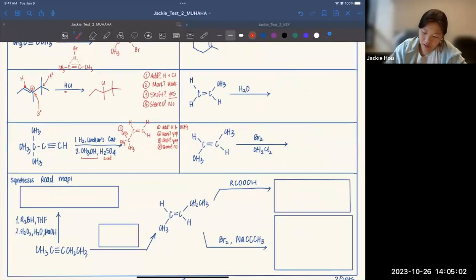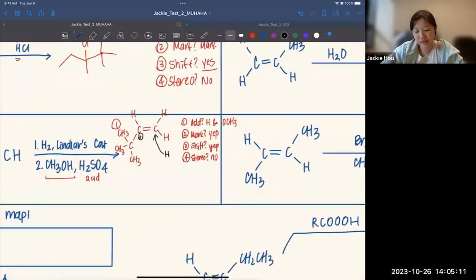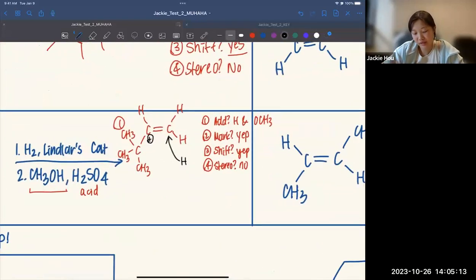So if my hydrogen adds to this one, then I'm going to have a carbocation form over here. And now I need to think about the possibility of a shift. This is a secondary carbocation at the moment, and this is a quaternary carbon.